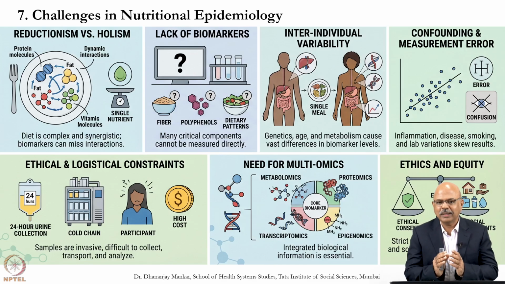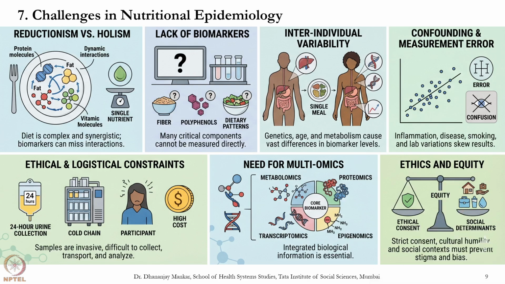Need for multi-omics: metabolomics, proteomics, transcriptomics, and epigenomics. Integrated biological information is very essential to prove and reduce this. And lastly, ethics and equity, a very important part in public health, where ethical consent and social determinants cannot be ignored.